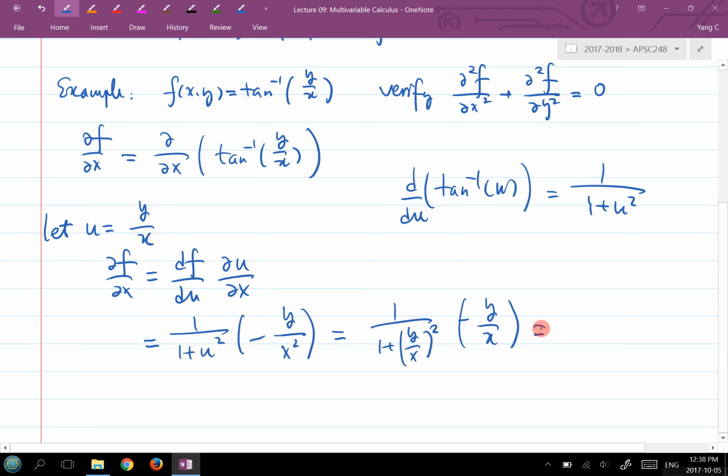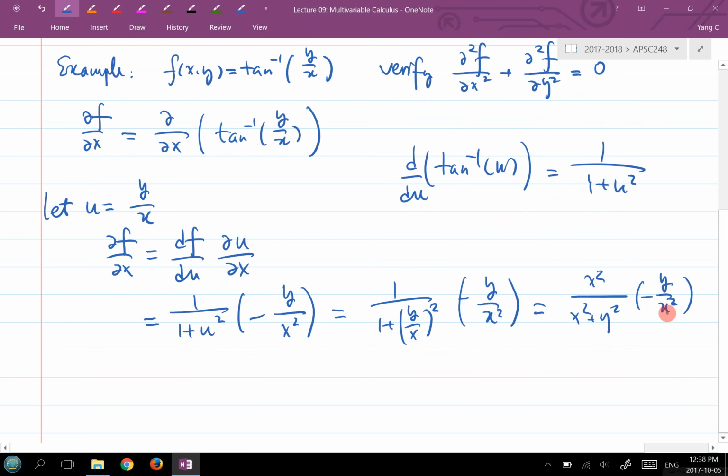If you are not too sure, you can always write one more step here. So this is x squared over x squared plus y squared, times negative y over x squared. The x squared cancels, and you get negative y over x squared plus y squared. So that's the first order partial derivative.